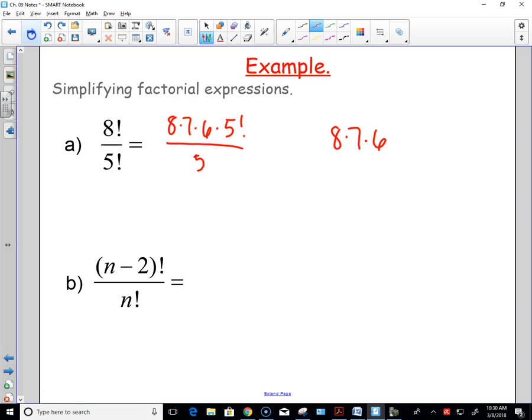If you're counting backwards, you can get 5 factorial pretty quickly. 8 times 7 times 6 times 5, 4, 3, 2, 1, over 5, 4, 3, 2, 1. Just 8 times 7 times 6, right? Think a little bit more to get there. We could do 8 times 42, which would just be 336.